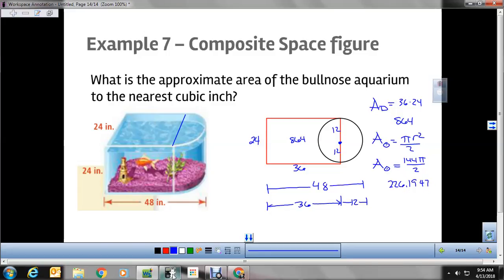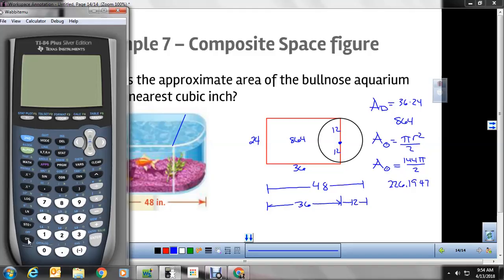To show you how that works, we'll put it in our calculator. 12 squared was 144, so that gives us 144 divided by 2. That's going to give us 72, and then we're going to multiply that by pi, equals 226.1947. So the 6 rounds up to 7. Now the next step, we're going to add the 864.